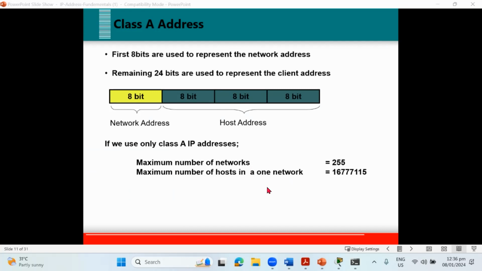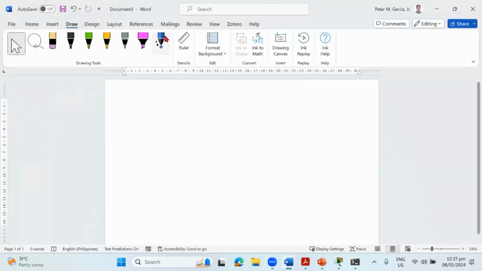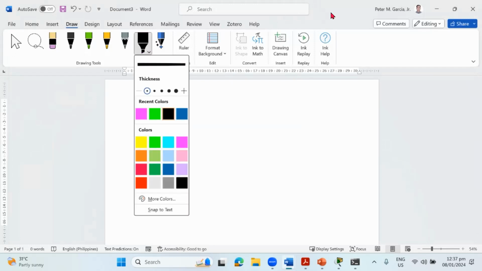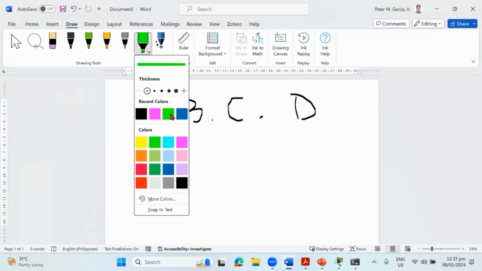So paano natin malalaman ang hatian for class A? Kailangan nyo lang tandaan, meron tayong dotted decimal system. Diba? So we have A dot B dot C dot D. Saan natin malalaman kung class A siya, class B, or class C?